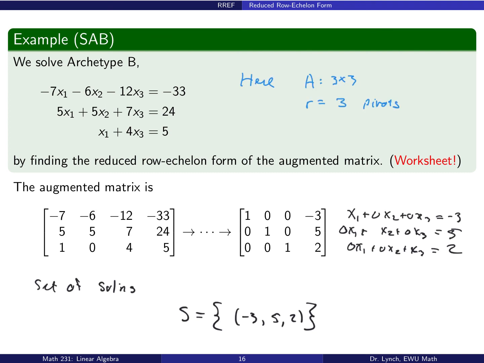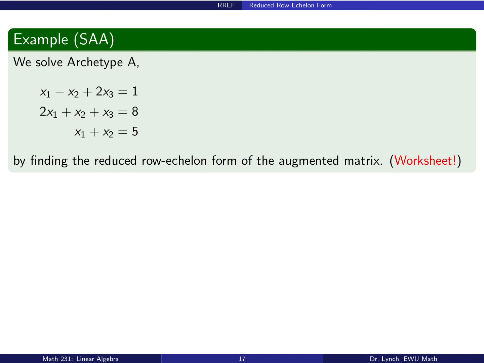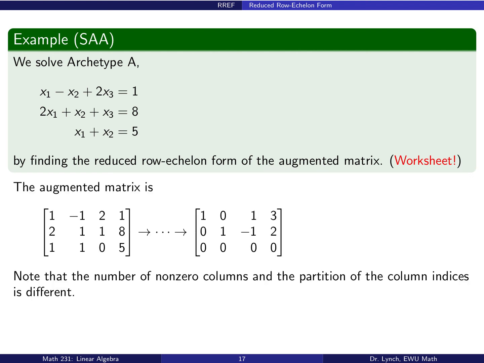Going back really quickly to our other example, we see that A is a 3x3 matrix, right? 3 equations and 3 unknowns, and R has 3 pivot columns, right? The reduced row echelon form of the augmented matrix has 3 pivot columns. We can play this game with archetype A also, augmenting and reducing to row echelon form. Similarly, our reduced row echelon form has a row of zeros at the bottom.